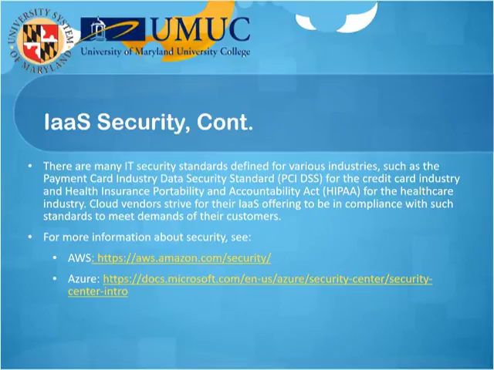Cloud vendors strive for their infrastructure as a service offerings to be in compliance with such standards to meet demands of their customers. For more information about security in AWS and Azure, see the enclosed links.